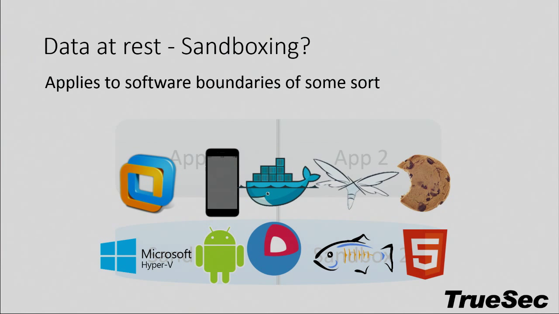So that could be virtualization, Android separation between Android or iPhone apps. Definitely containerization, such as Docker and CoreOS, application servers of some sort. Cookie storage could be seen as a sandbox. You expect your cookies to only be read and modified by your site, but perhaps someone could modify the cookie. Definitely the user, but perhaps some other site as well.